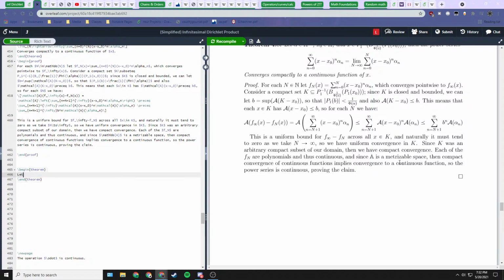So let alpha be a coefficient sequence for a power series, and x naught a starting point, where we assume the phi of alpha is less than infinity, so it has some convergence.